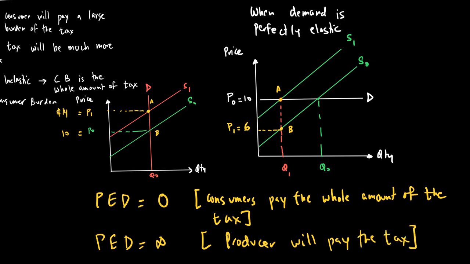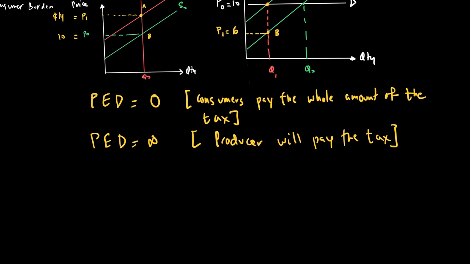In fact, we can say that if PED is less than PES, which means demand elasticity is lower than supply elasticity, in this case the consumer has a lower elasticity, which means he needs the good more than the producer.